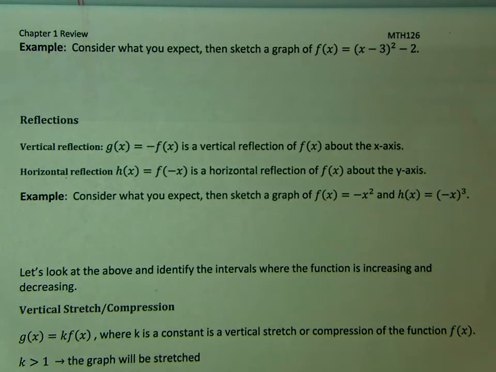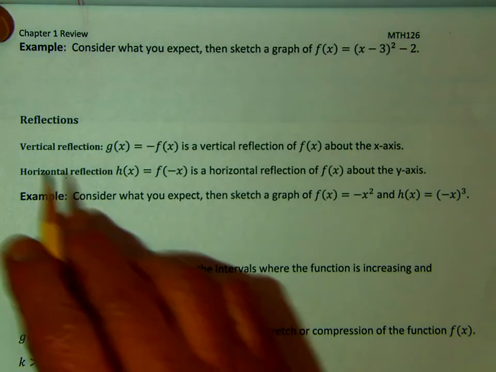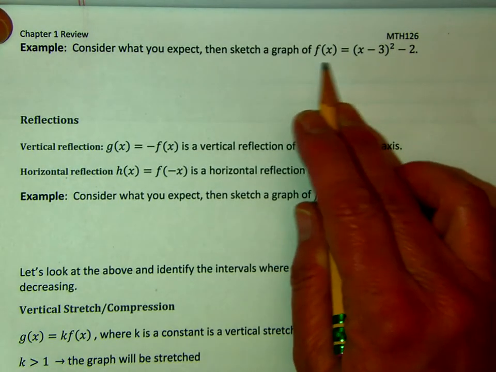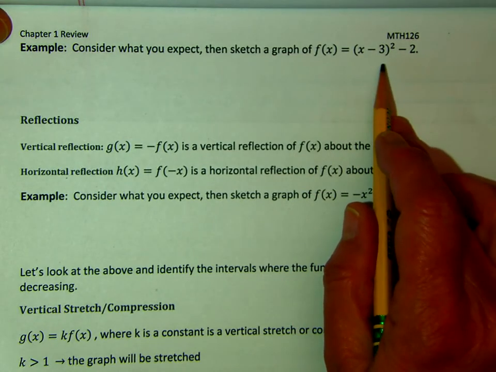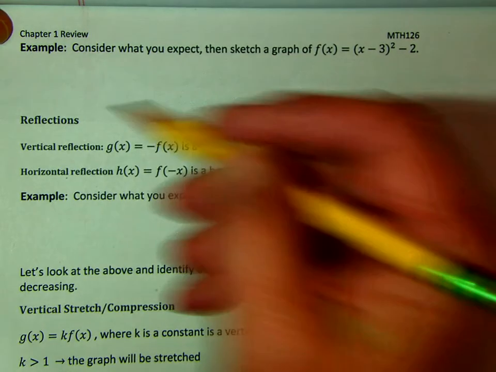Let's work an example. Consider what you expect, and then sketch a graph of f of x equals the quantity x minus 3 squared minus 2. First of all, I recognize that this function is a variation on our basic toolkit graph.